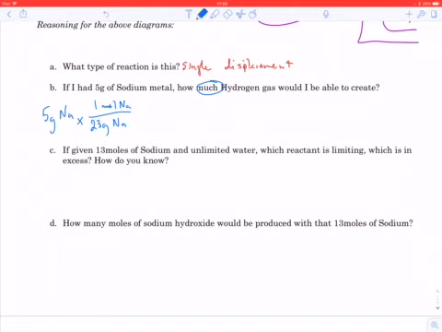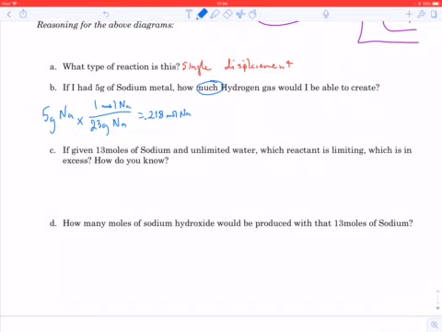Great. What does that give me? I, of course, didn't grab my calculator. So 5 grams divided by 23 is about 0.218 moles of sodium. So that's how many moles of sodium I'm using.